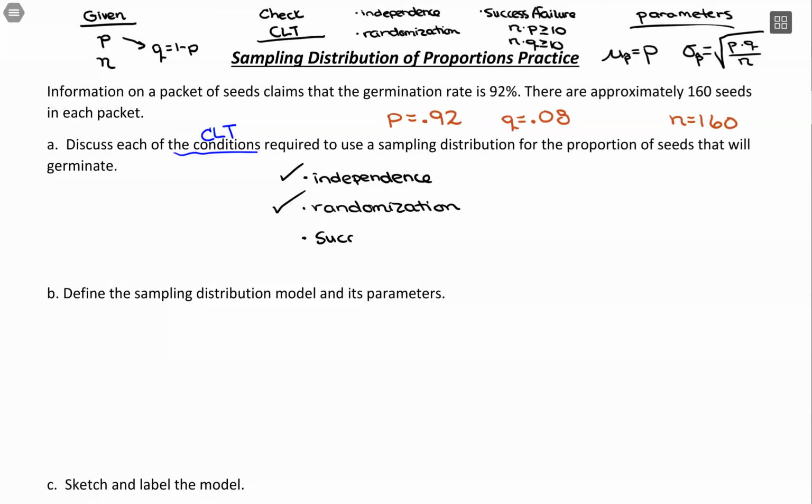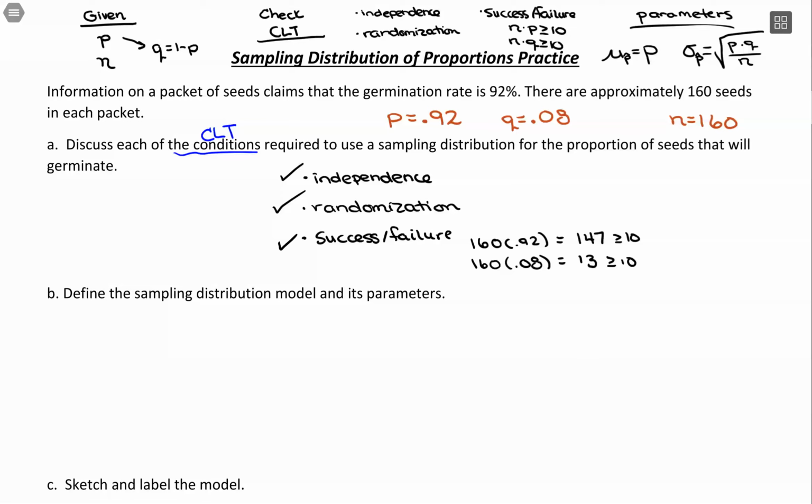And then for success/failure, what we'll do is take N times P. So we're going to take 160 times 0.92. We'll also take 160 times Q, which is 0.08. And I'll just see what those values are. So success is 147 and then failure is 13. And both of those are more than or equal to 10. So we're all good to go.